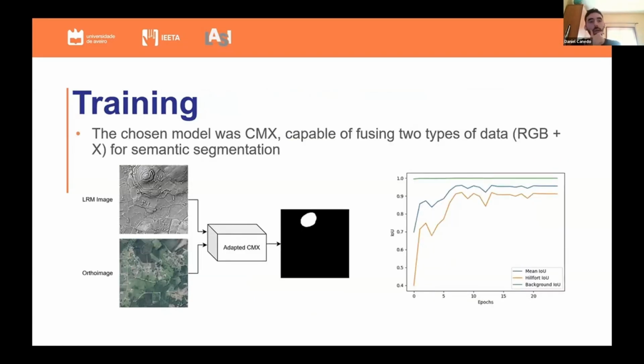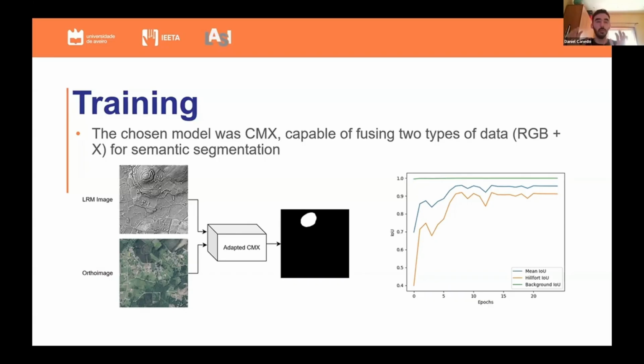When we had our dataset ready, we could proceed with the training. The chosen model was called SimMIM, which is a vision transformer. This vision transformer is capable of fusing two types of data, RGB type with another type for semantic segmentation. This was ideal for our scenario because we wanted to replicate what the archaeologists already do in their work when they do those digital surveys.